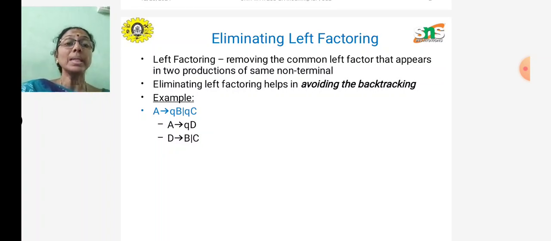For example, A tends to Q A dash, and then we derive what the A dash is: A dash is B or C. So this is the rule to eliminate the common factor in two productions for the same non-terminal.